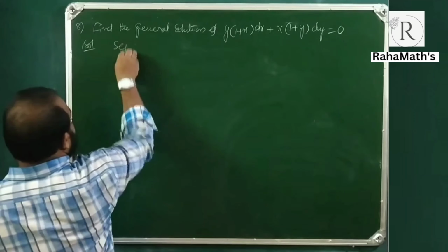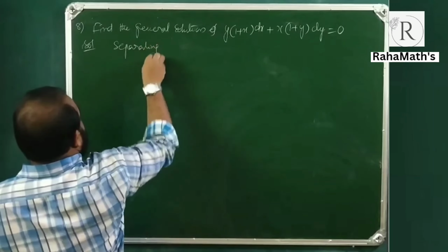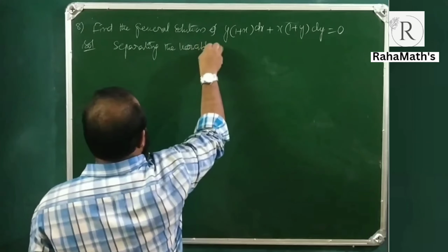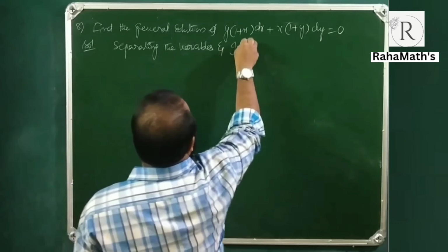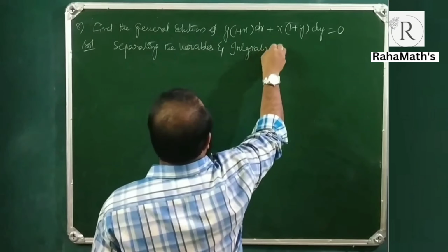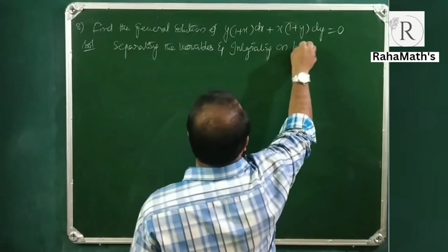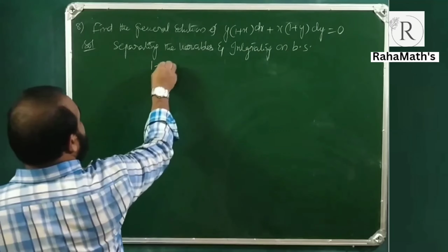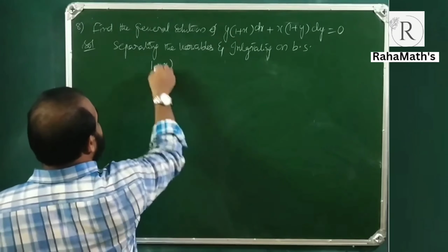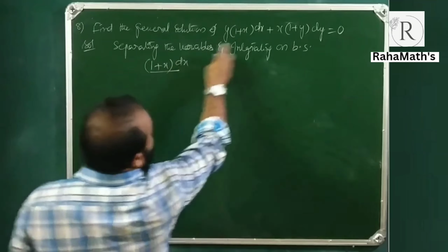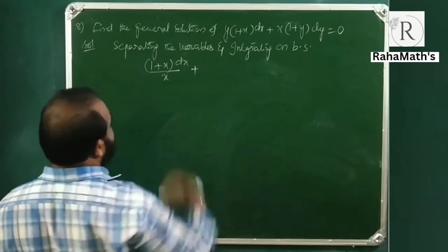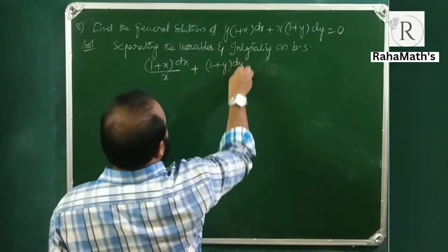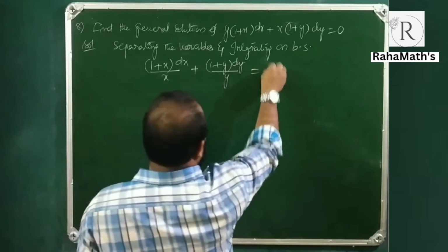Separating the variables and integrating on both sides. So this is 1 plus x dx by x plus 1 plus y dy by y is equals to 0.